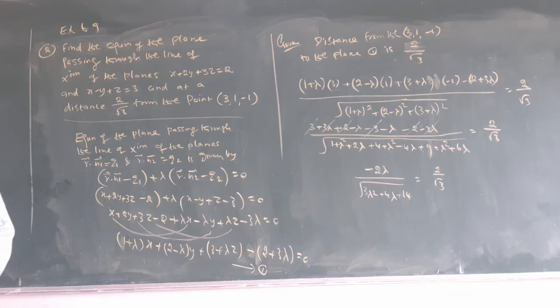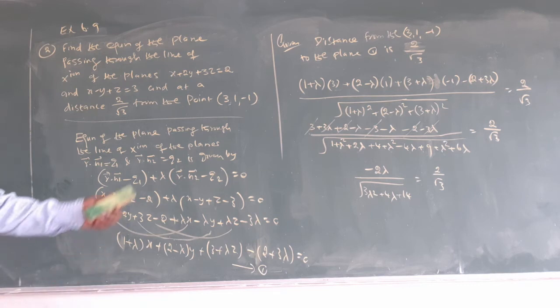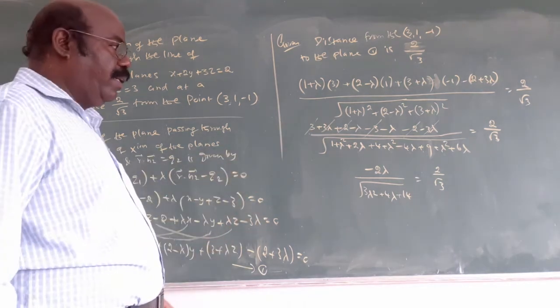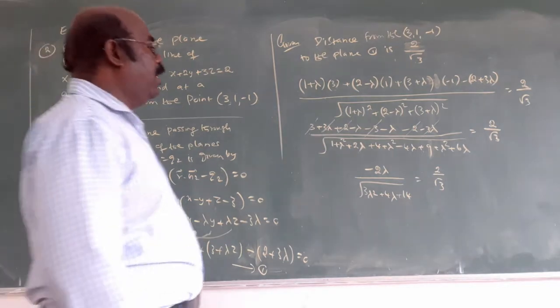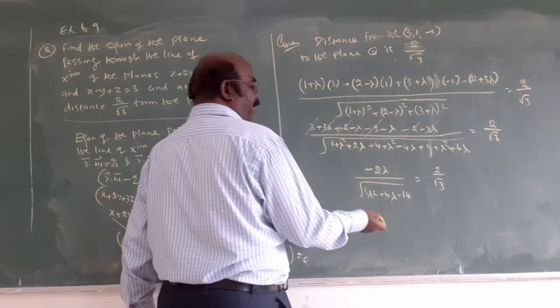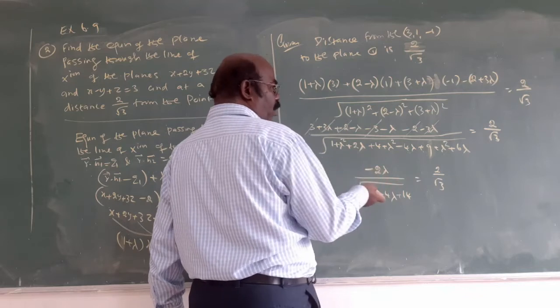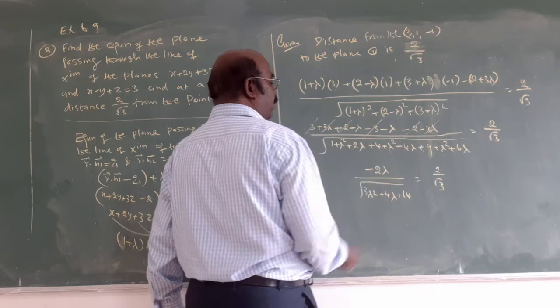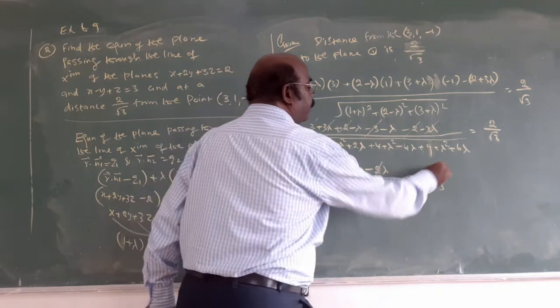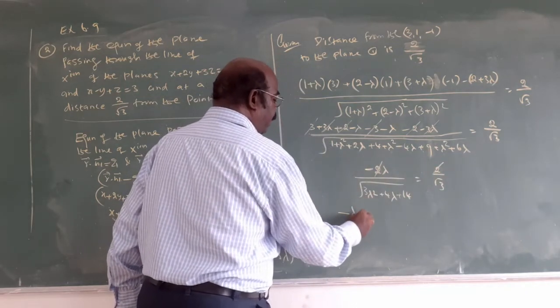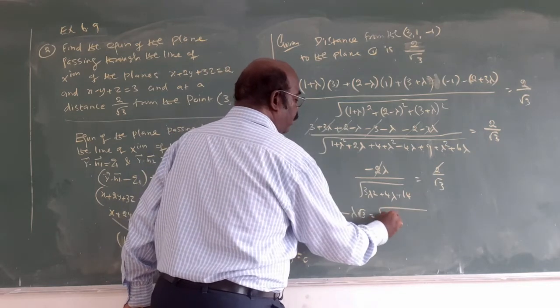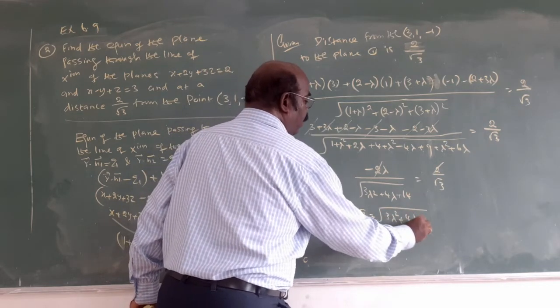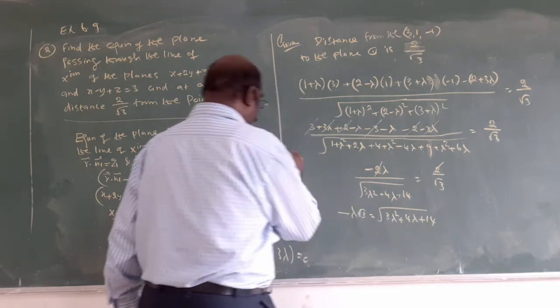Anyway, the distance only you know, that's why. Now cross multiply and simplify, we get the answer. Any squaring, suppose you put the modulus, positive will come. Squaring both sides, automatically the minus will become plus. So minus 2 cancels. Cross multiply: minus lambda into 3 equal to the root of 3 lambda square plus 4 lambda plus 14. Now squaring both sides.